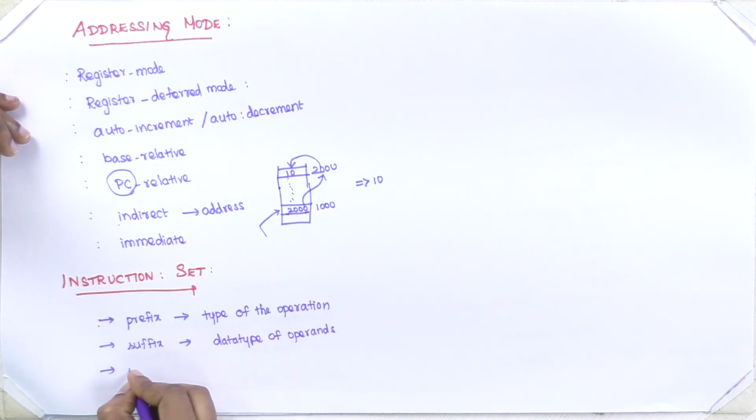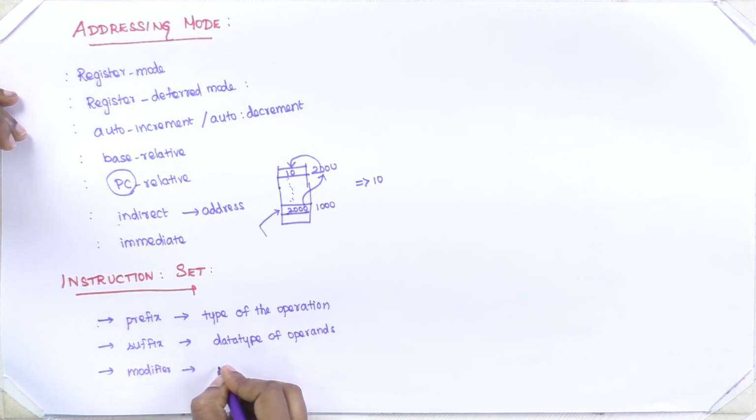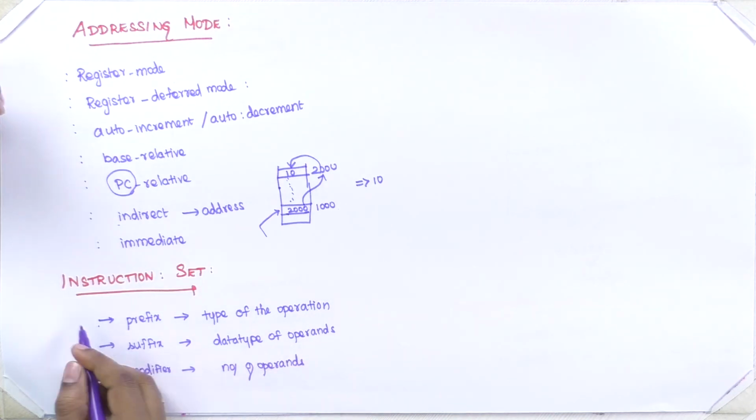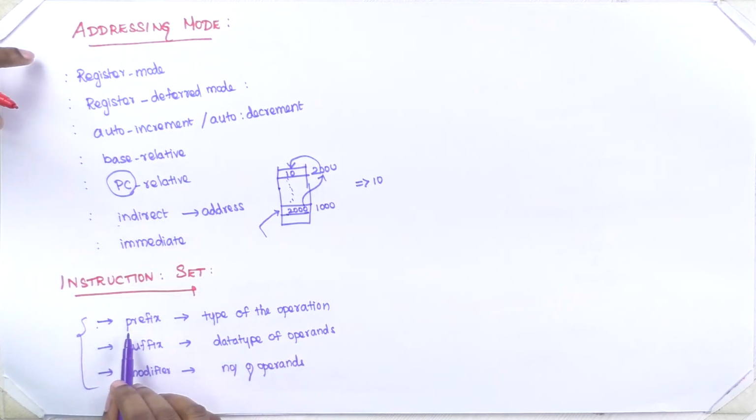Then the modifier specifies the number of operands. So this is the instruction format. Prefix, the type of the operation, suffix denotes the data type of the operands, and modifier denotes the number of operands.